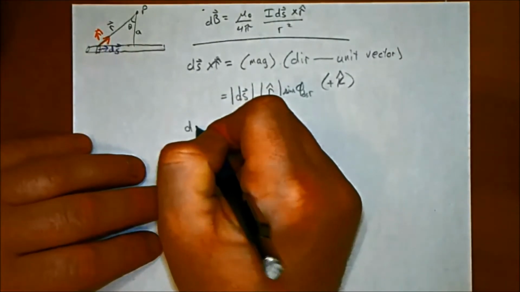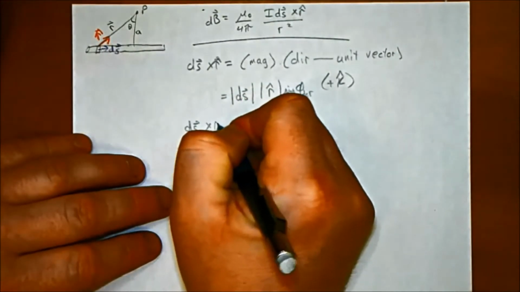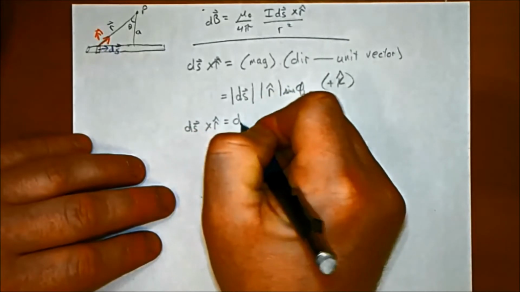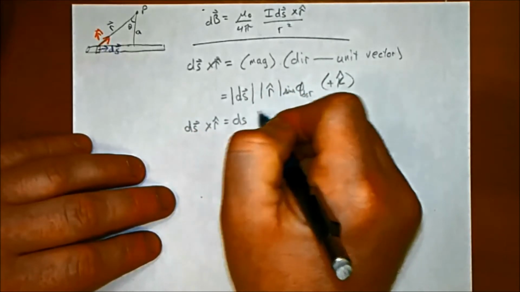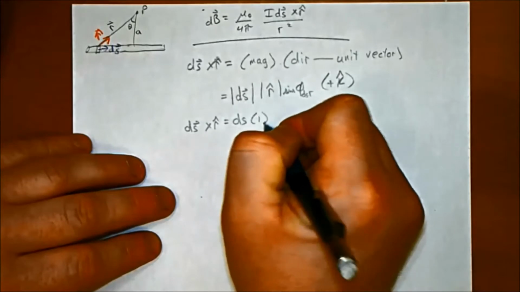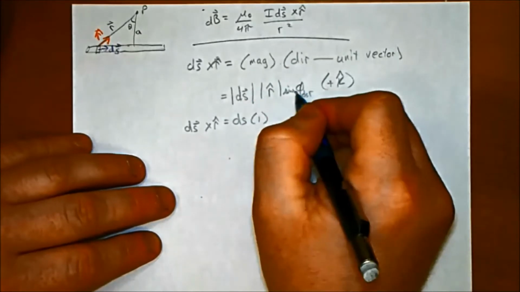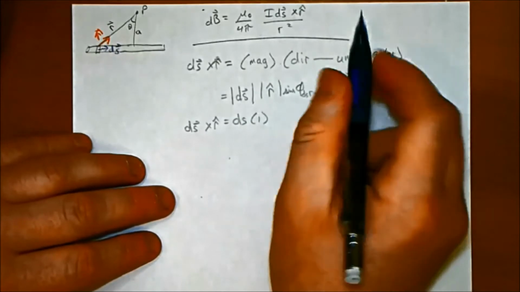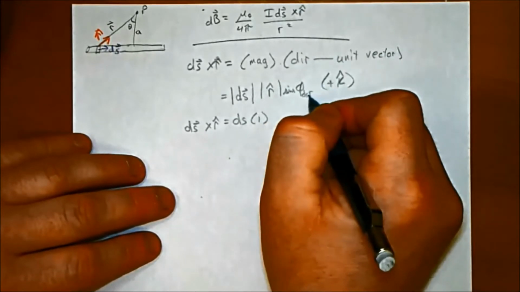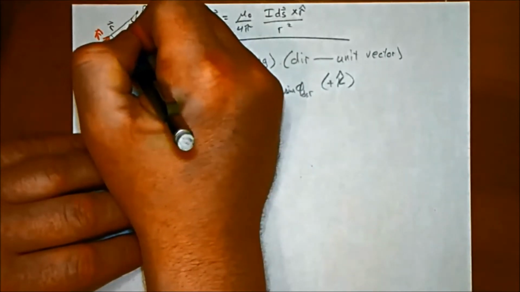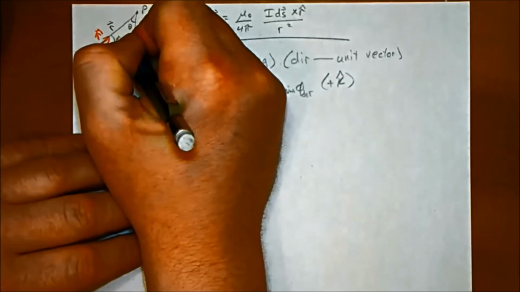So the cross product ds cross r hat is equal to just ds. The magnitude of r hat is 1. Notice I dropped the vector bar to indicate the magnitude here. And this angle, phi dsr, is this angle here.